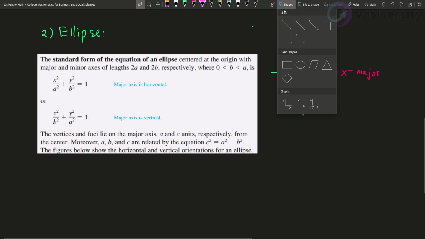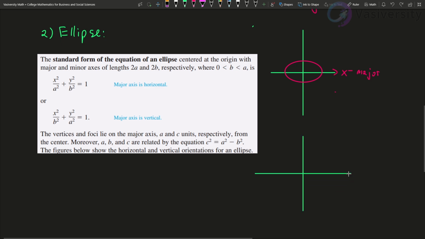Let's do it in green. So we can do similarly, but for the y. So which of the following axes is going to be the major axis? It's going to be the y-axis. And obviously, in the first case, we had x major, y is going to be the minor.